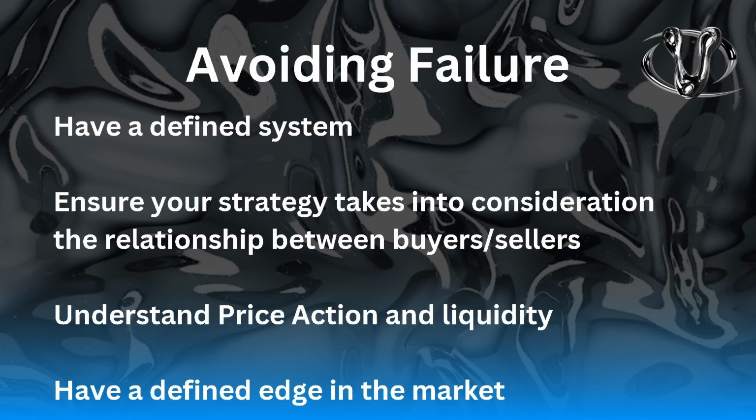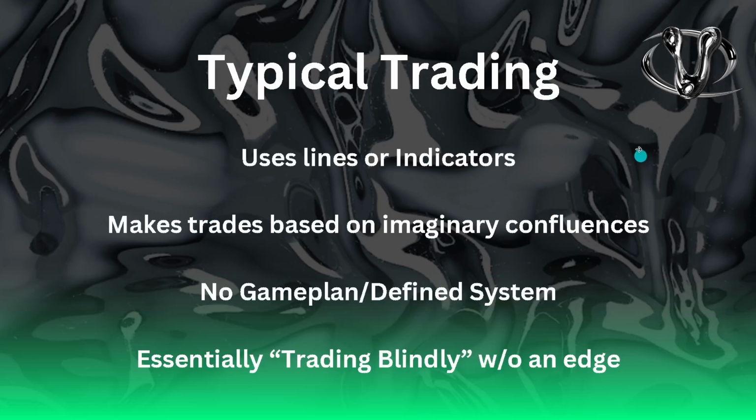Before that, I want to talk about how finding your edge actually relates with avoiding failure in the market. Like I mentioned before, many typical traders fail because of these reasons that we mentioned before. They're using lines, indicators, randomly or blindly making trades using imaginary confluences. This line matches with that line matches with that.